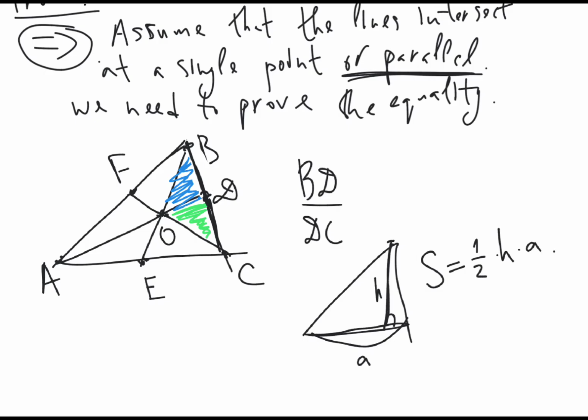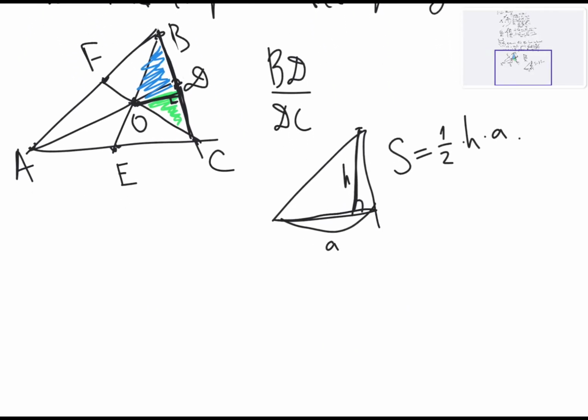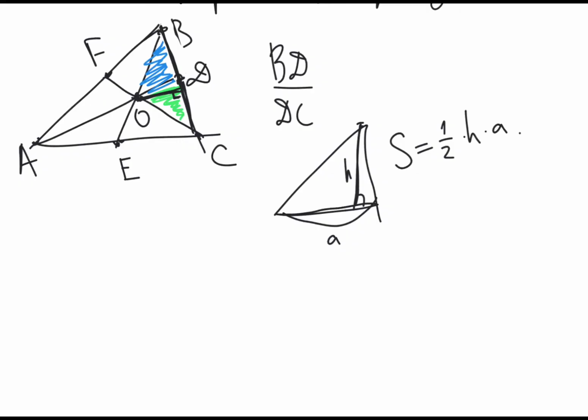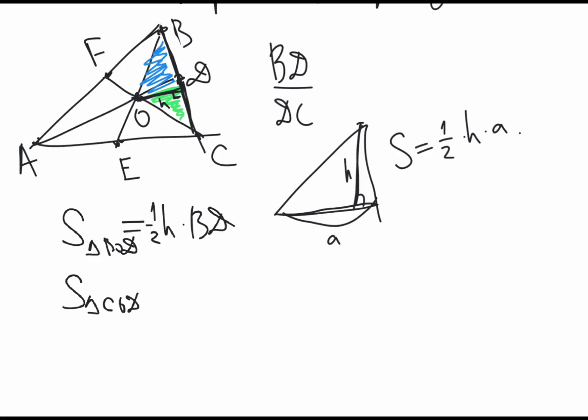So in this case, the altitude is common between these two triangles, so let's write the area of the triangle BOD is equal to 1/2 of H, the altitude, multiplied by BD, and the area of the triangle COD is equal to 1/2 H CD.